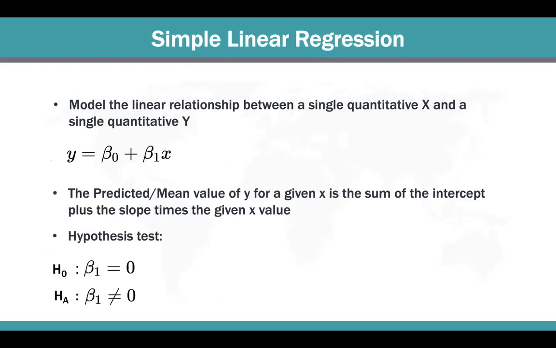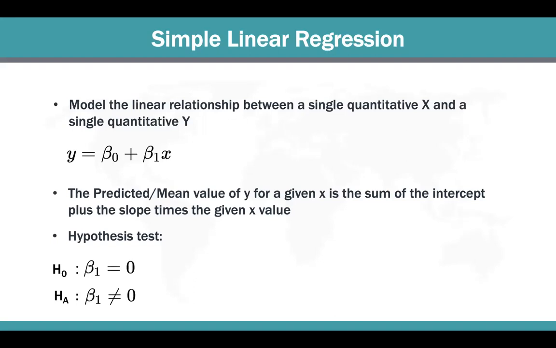Now let's turn to an overview of simple linear regression. This method is used when you want to model the linear relationship between a single quantitative variable and a single quantitative outcome variable, although it can also be used to estimate the relationship between a qualitative variable and a quantitative outcome.